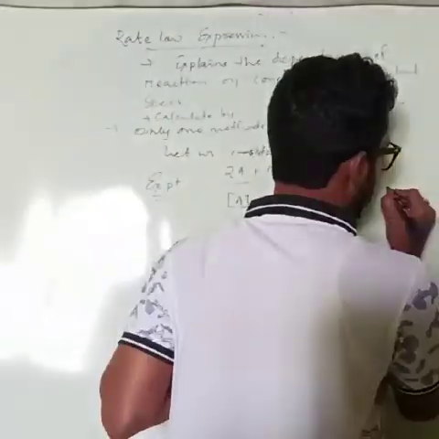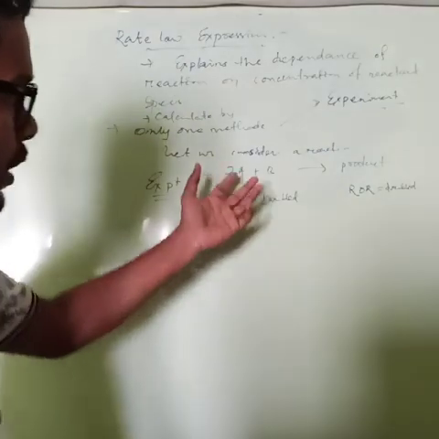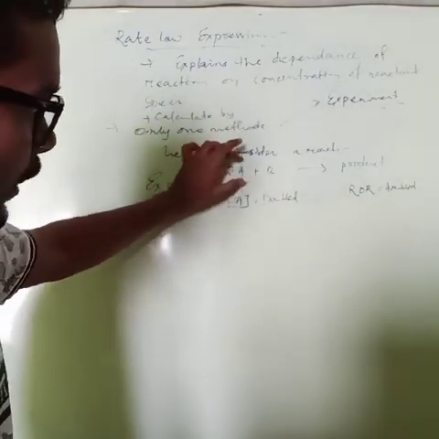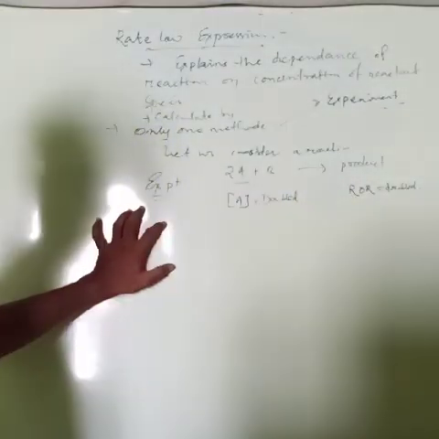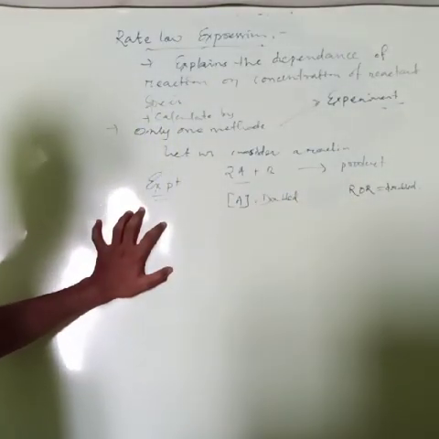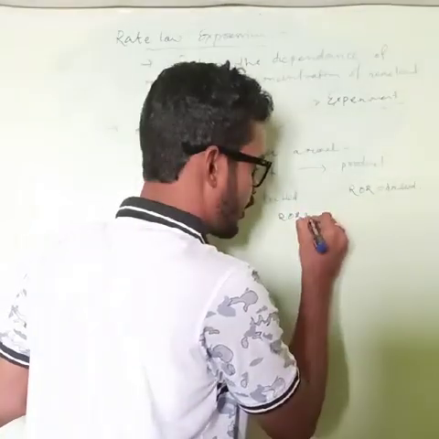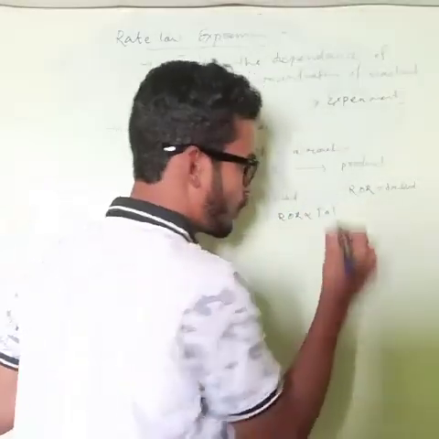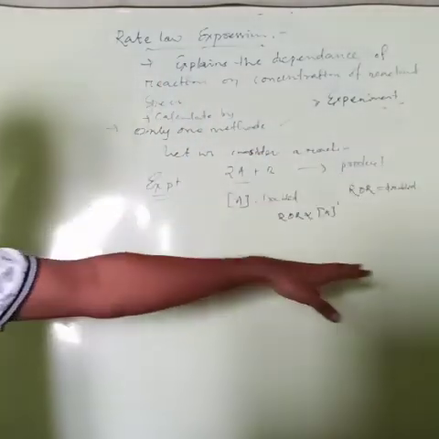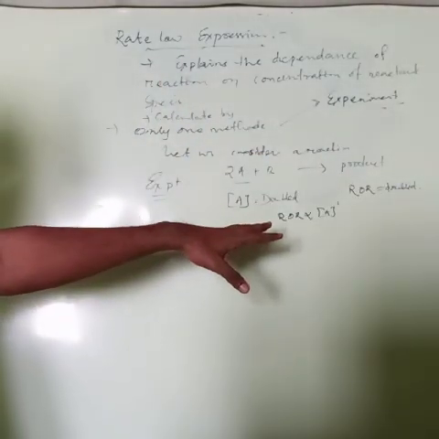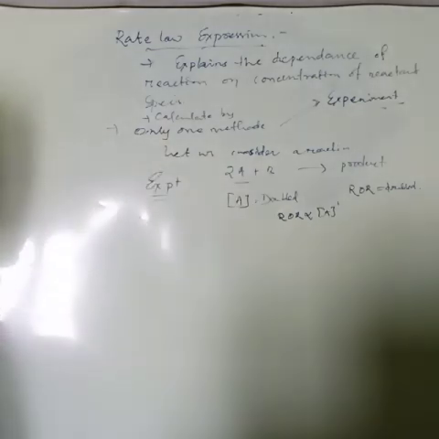That is what? Doubled. Once the concentration of reactant A is doubled, you got ROR doubled experimentally. That means here ROR is directly proportional to the concentration to the power 1. It completely depends, double. Okay.